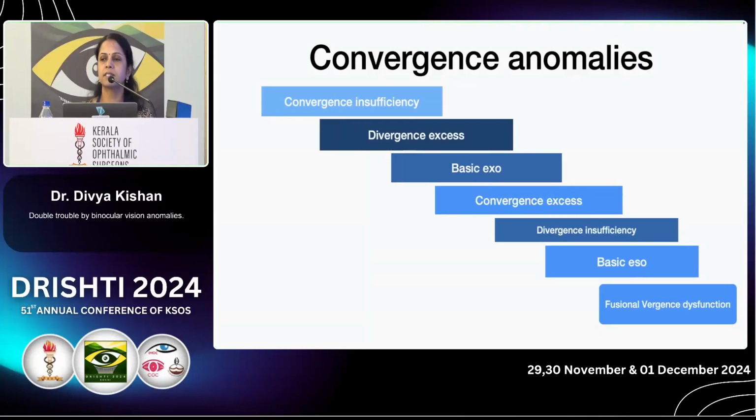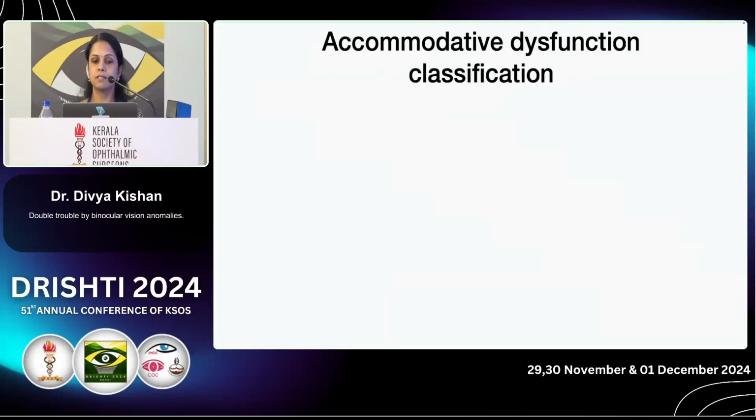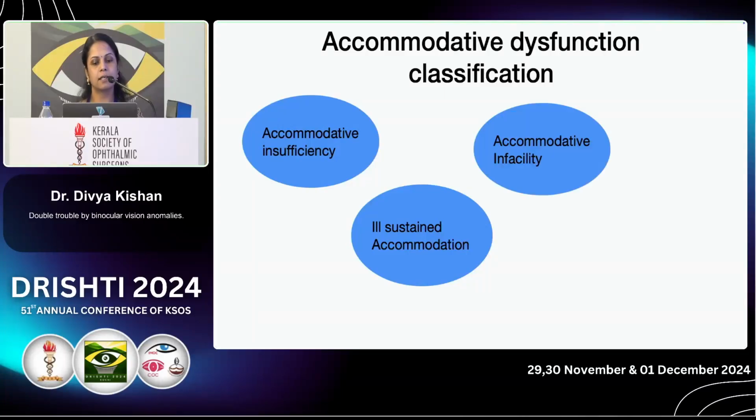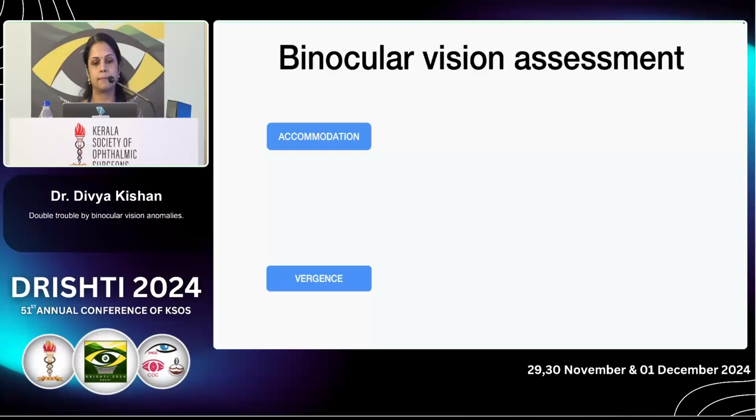So what are the convergence anomalies that we see? Based on the distance and near difference in the deviation, we can classify them into convergence insufficiency, divergence excess, basic exo, convergence excess, divergence insufficiency, basic eso, and fusional vergence dysfunction. Accommodative dysfunctions that we commonly see are accommodative insufficiency, ill-sustained accommodation, accommodative infacility, and also accommodative excess.